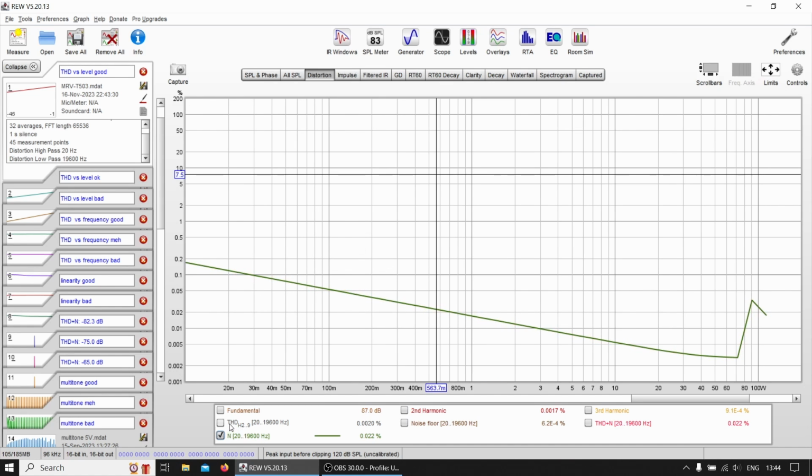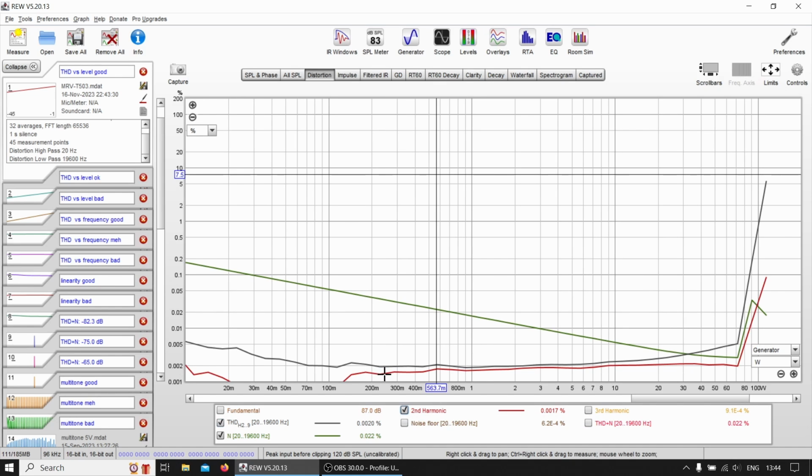Then you have THD, which in this specific amplifier is much lower than the noise at lower volumes, and THD increases the more volume you give. And then when you clip the amplifier, THD shoots up. It's exactly the same with some harmonics, like the 2nd one.